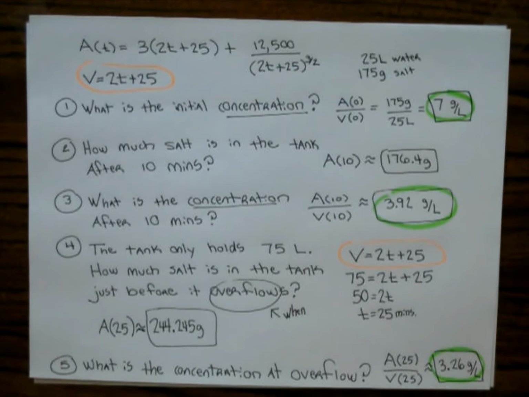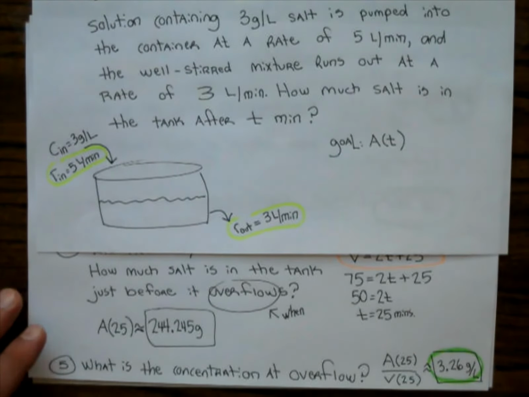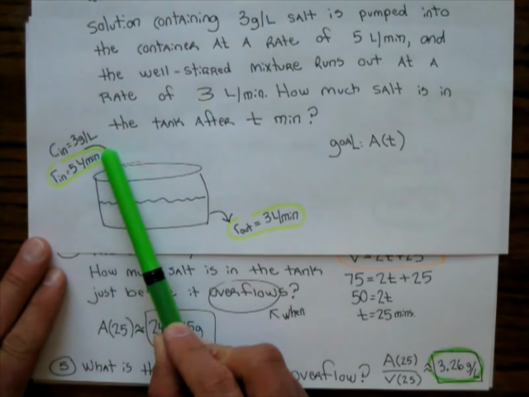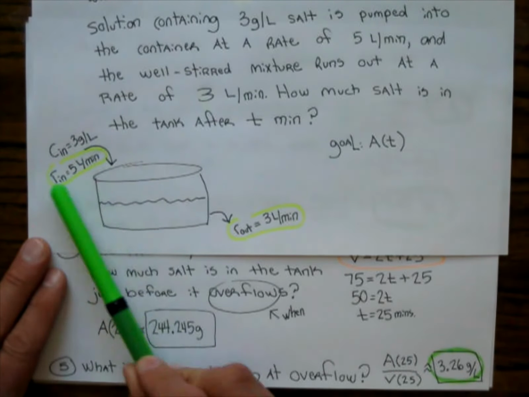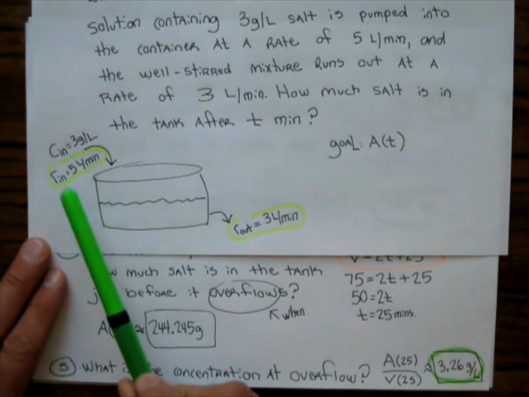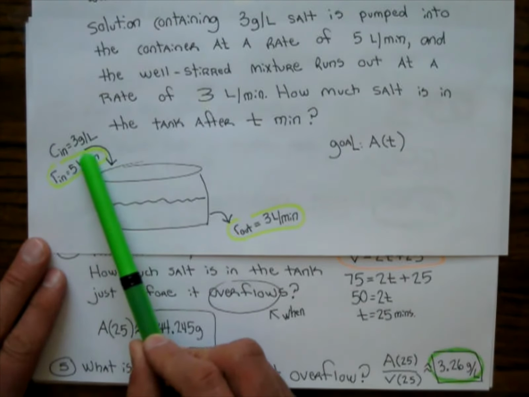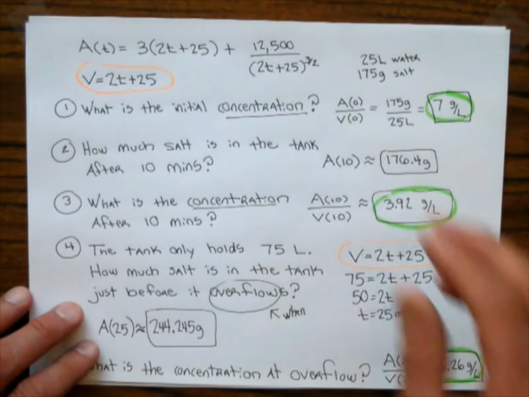One way to do this without a whole bunch of calculus and limit stuff is to take a look at your tank. What's the concentration going into your tank? It's 3 grams per liter. And for a long time, the concentration in the tank is going to start matching the concentration going in. And so that is why it would end up being 3.